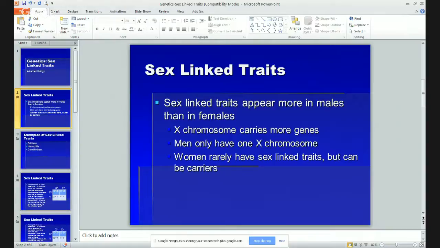So oftentimes, women are not going to actually have the sex-linked traits, but they are oftentimes what we call carriers of that trait, meaning they don't show it, so they have at least one dominant allele, but they did receive the sex-linked trait from one of their parents. So it doesn't show, but they carry the gene, so they can pass it on.